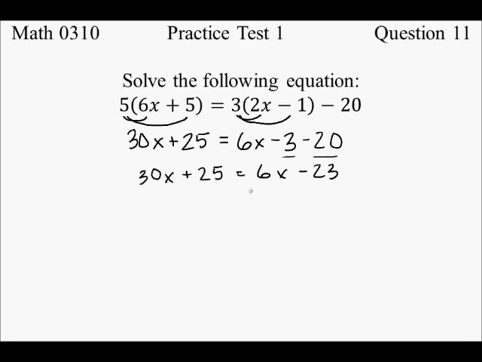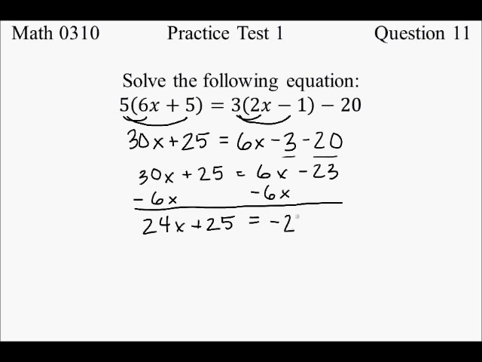I'm going to decide to get rid of the 6x over here, so I'm going to subtract 6x. So I don't have any x terms left over there, so I do that to both sides. And we have 30 minus 6, so that's 24x there, plus 25. So we have no x's left here and just a negative 23 on that side.